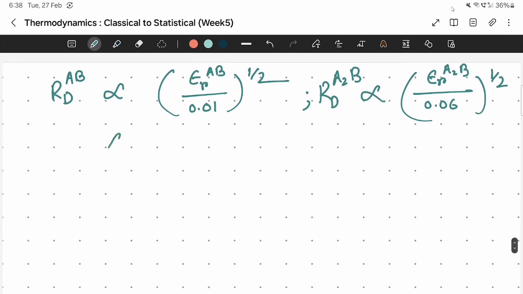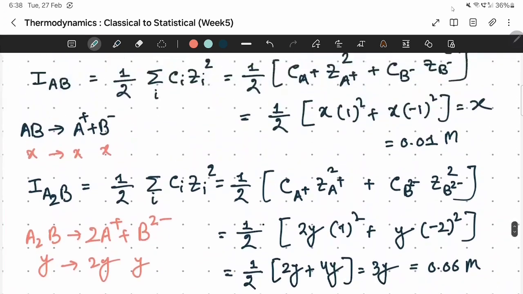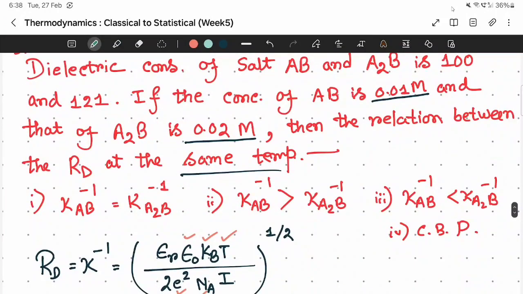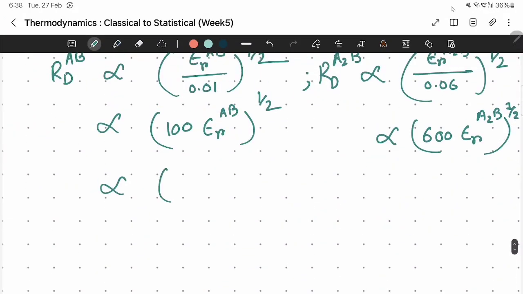So we can write it as 100 into 100 to the power half, and 121 into 600 to the power half.